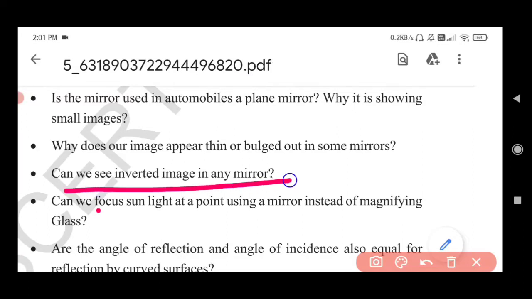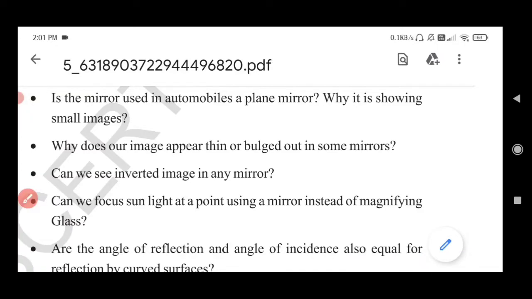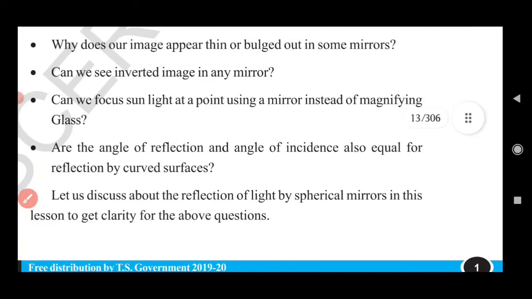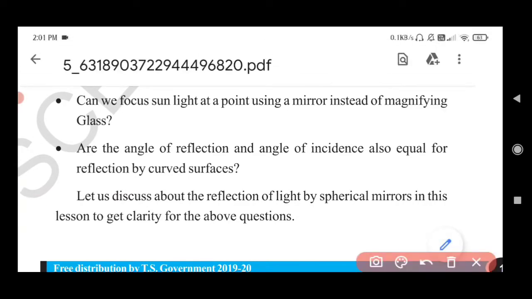Can we see an inverted image in any mirror? Yes, of course. Can we focus sunlight at a point using a mirror instead of a magnifying glass? Yes, you can use a concave mirror, where you can focus all sun rays at a particular point. Are the angles of reflection and angles of incidence always equal? Also equal for reflection by curved surfaces?